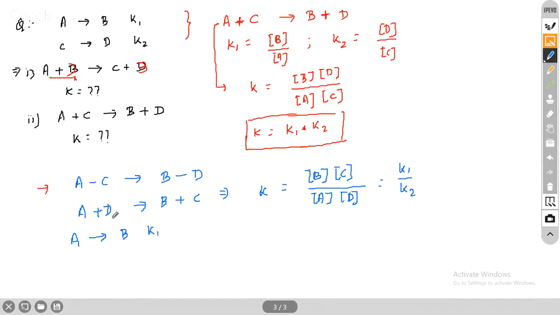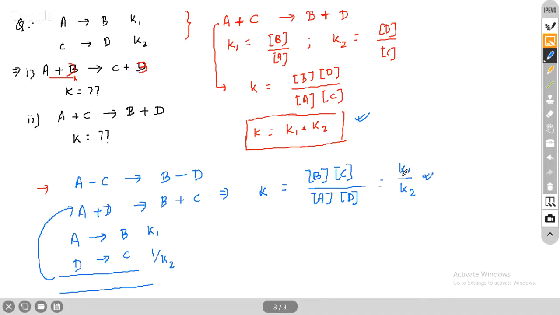And when we reverse the second one, it becomes D gives C, but when you reverse this, this should be 1 by K2. The equilibrium constant also gets reversed. Now when you add these two, you get the same reaction, which is this. And we know that when we add two reactions, the equilibrium constants get multiplied. So K1 into 1 by K2 is nothing but K1 by K2.